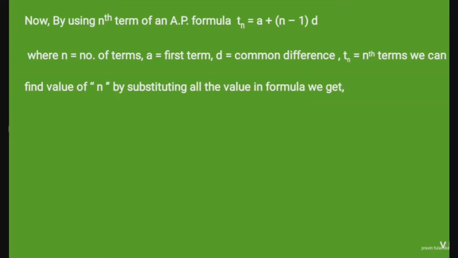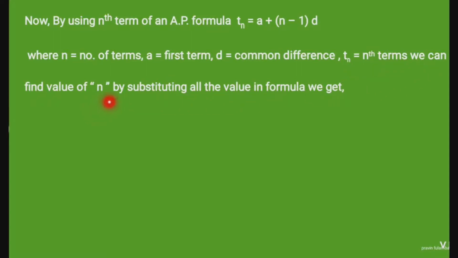So we use the formula Tn equals a plus n minus 1 into d. Now by using the nth term of an arithmetic progression formula, Tn equals a plus n minus 1 into d, where n is the number of terms, a is the first term, d is the common difference, and Tn is the nth term.